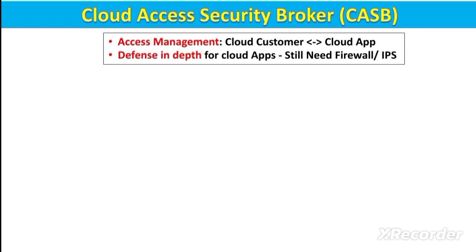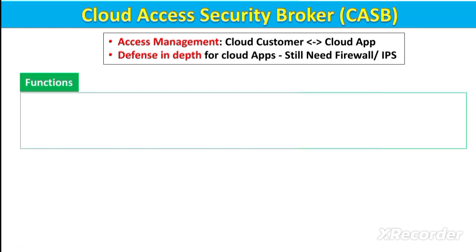So it is a defense in depth strategy for usage of cloud services. However, organizations still need the traditional firewalls or intrusion prevention systems. So it is not a replacement for firewalls, rather it augments them.